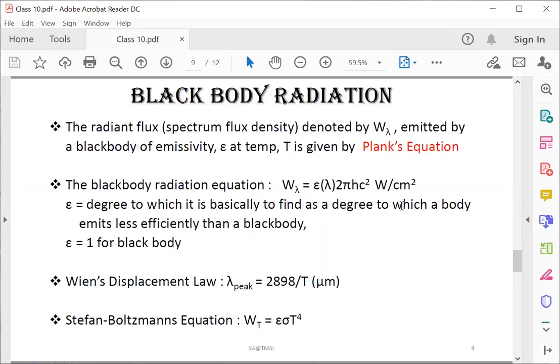Here epsilon is the degree to which a body emits less efficiently than a black body, and for a black body this epsilon value is 1.